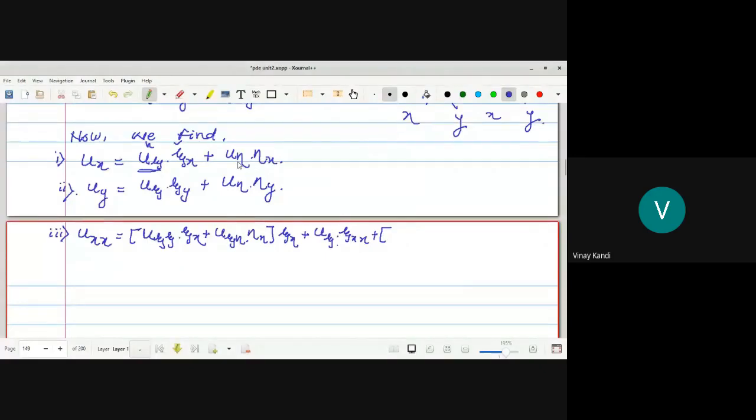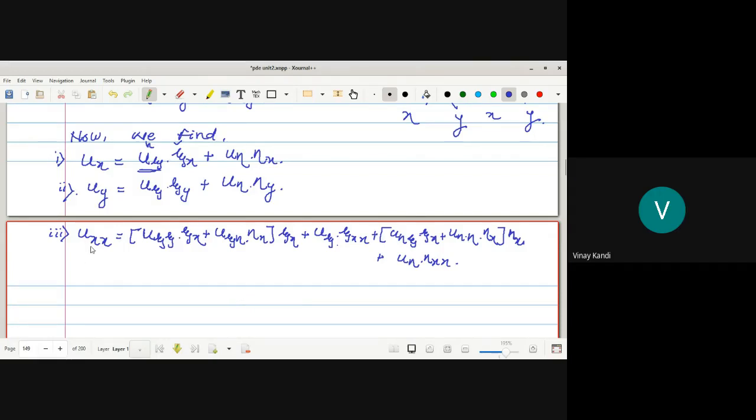In the bracket, derivative of the first: u eta is a function of xi, and xi is a function of x, plus u eta is a function of eta, then eta is a function of x. Derivative of first with second as it is, eta x, plus u eta as it is, eta xx. Okay, understood?